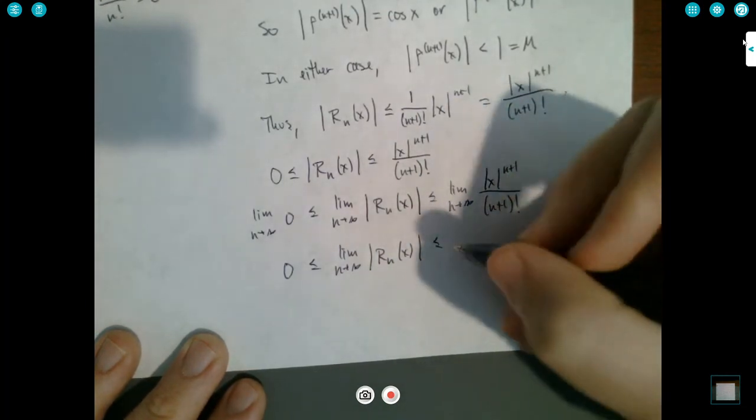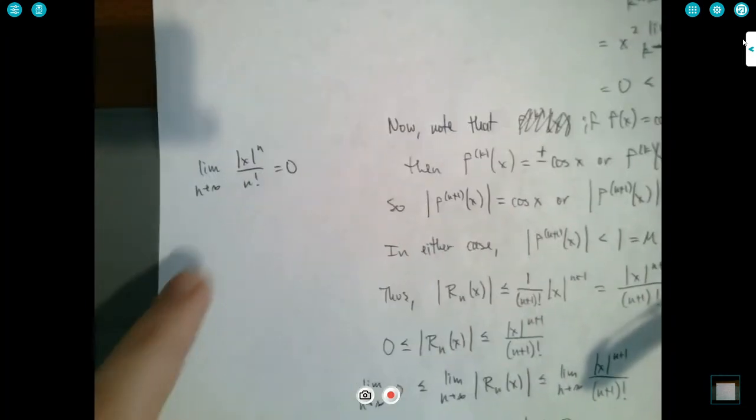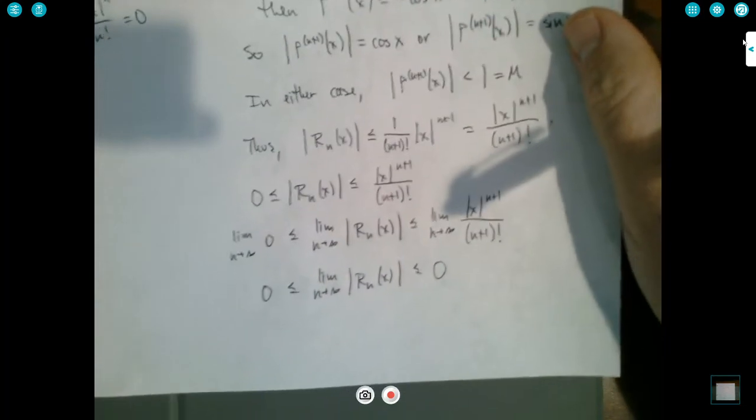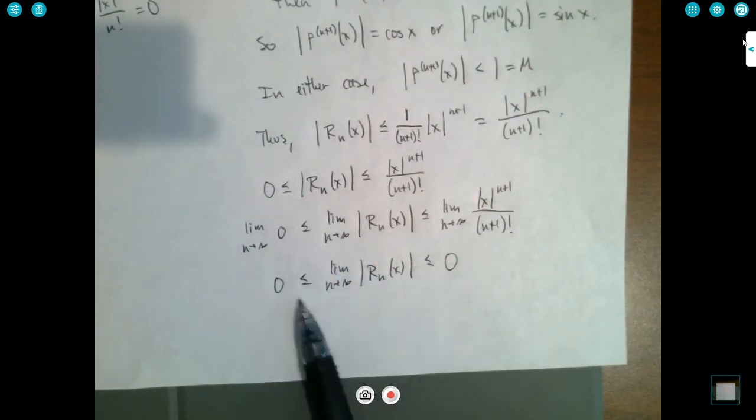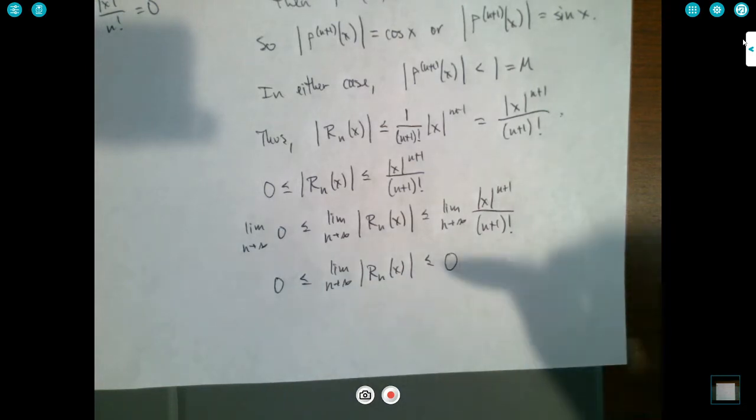And this limit is 0 because of the work that you did way back in section 9.2. Okay? So by the squeeze theorem, this limit is equal to 0.